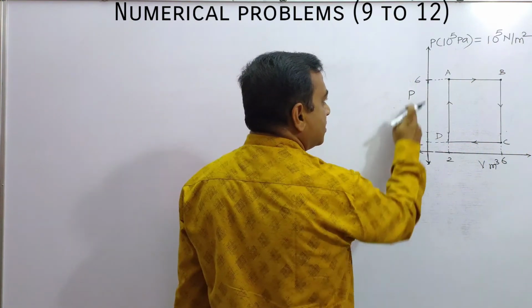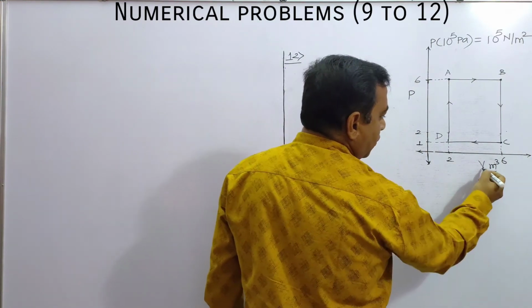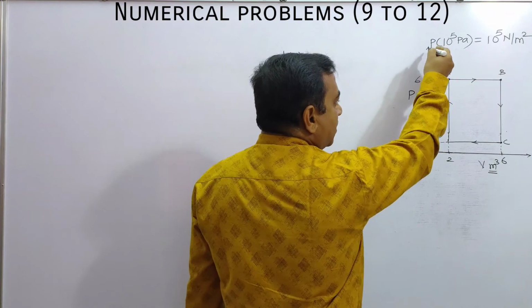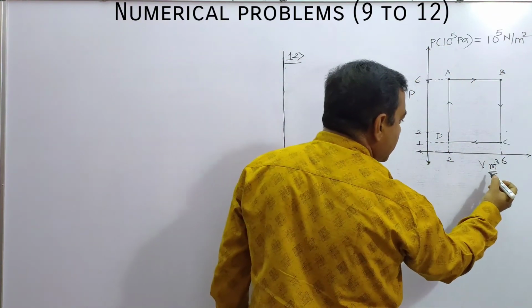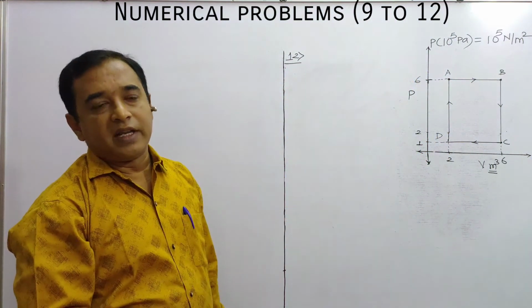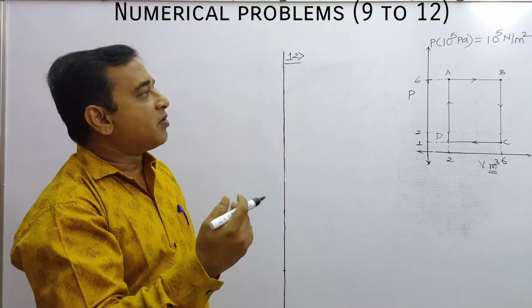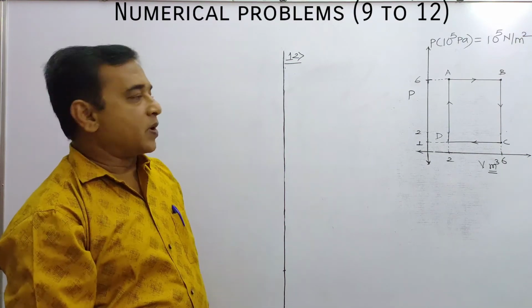The pressures are 1 and 6, and the volumes are 2 and 6 in meter cube. The graph is drawn between pressure versus volume. Volume is given in meter cube, and pressure is given in Pascal, with 10 raised to power 5 as a common factor, in Newton per meter square.